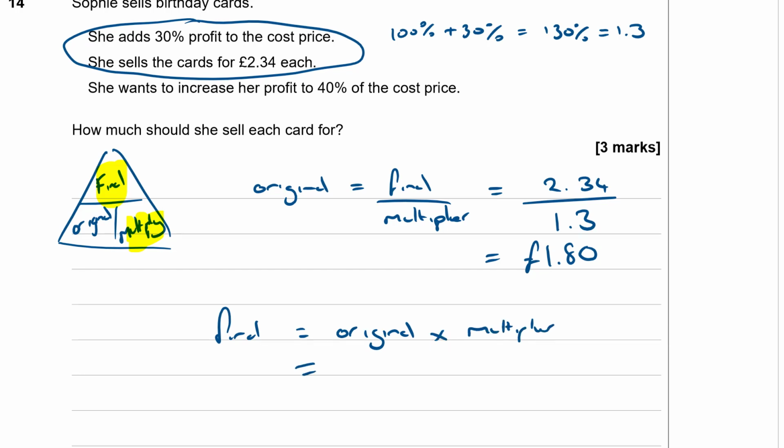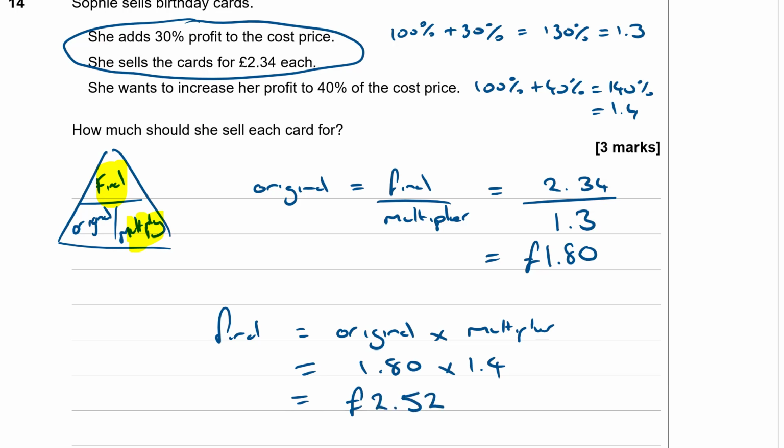So the original price now is £1.80, and our new multiplier is going to be 100% plus 40%, which is 140%, which is 1.4 as a multiplier. So £1.80 times 1.4 gives me £2.52. So in order to get a 40% markup, she's going to have to sell her cards for £2.52 each.